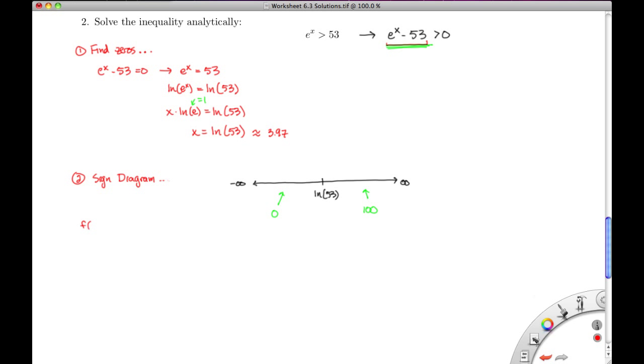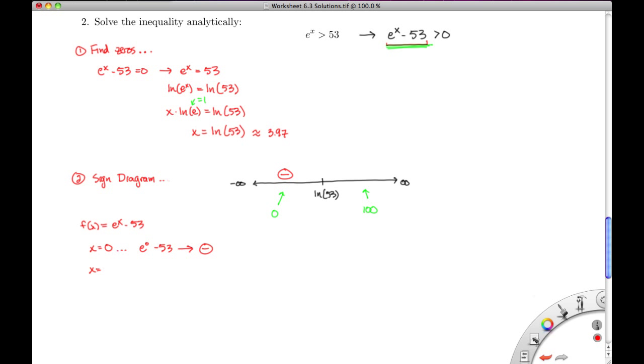If f of x is equal to e to the x minus 53, then for x equals 0, our first test point, we're going to have e to the 0 minus 53. And e to the 0 is 1, so this is going to end up being a negative number. On this interval, our function is negative.